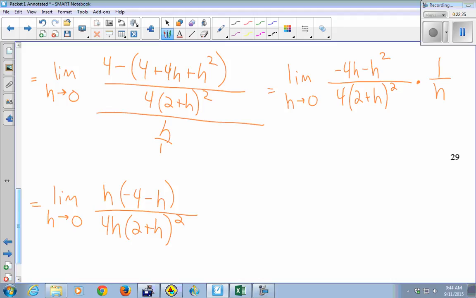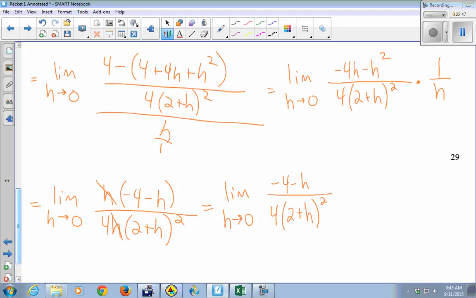So we met our goal, right? The whole goal was try to get the h to cancel in the denominator. So I've got h on top and h on the bottom. They cancel. So this is now just the limit as h goes to 0 of negative 4 minus h over 4 times 2 plus h squared.